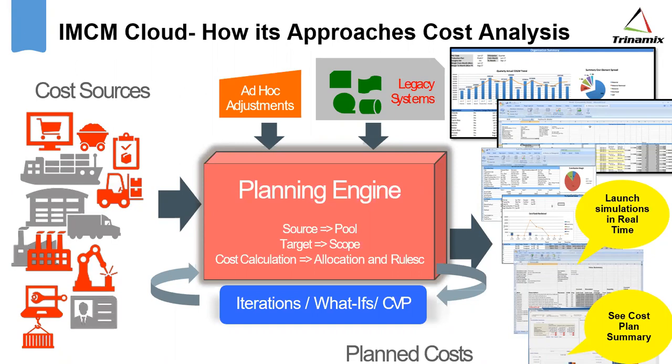So what is inside the engine? We consider the source what we call a pool, and we consider the target, what kind of item you are going to analyze, whether you're looking at a market, an item segment, or a customer. Then there is a cost calculation, and the allocation rules happen.